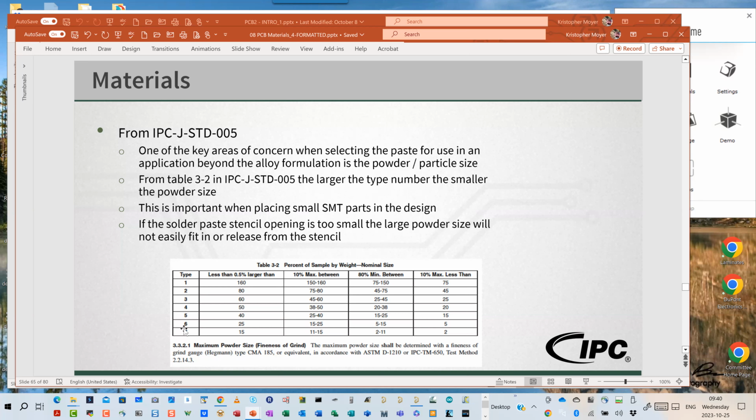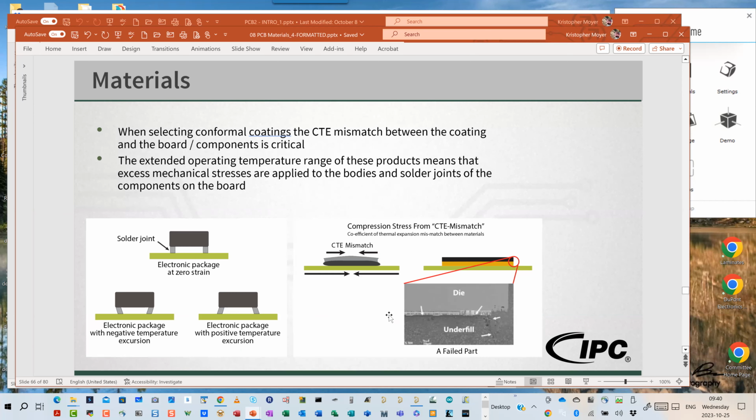So I don't know if that's true for all equipment vendors, but it is worth a discussion with your assembler on that. But anyways, most of what we're doing in modern electronics, type 5 is more than sufficient, the 15 to 25 micron powder size right here.